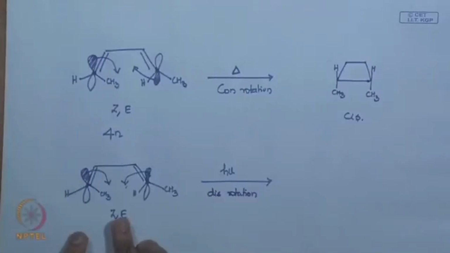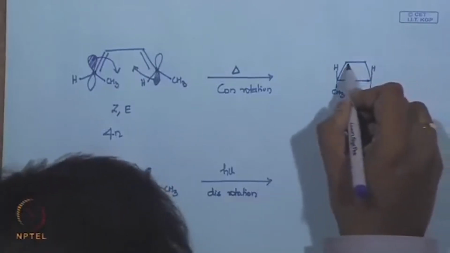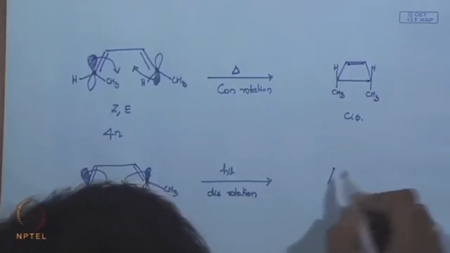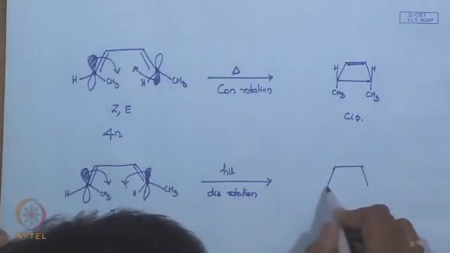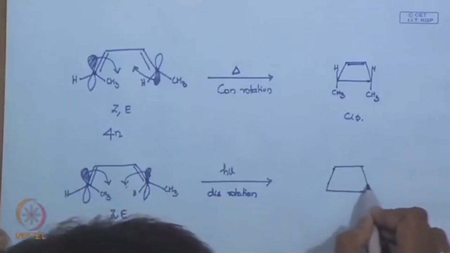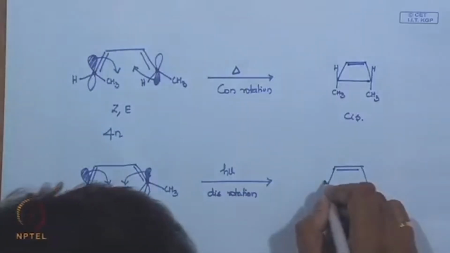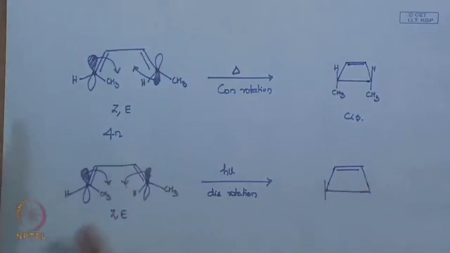Now, you see the stereochemistry once you close this ring. Oh, sorry, I have missed a double bond here, because it's a cyclobutene system, so you have to get your double bond there, right? So, what will happen now? In this case, my hydrogen just goes up.